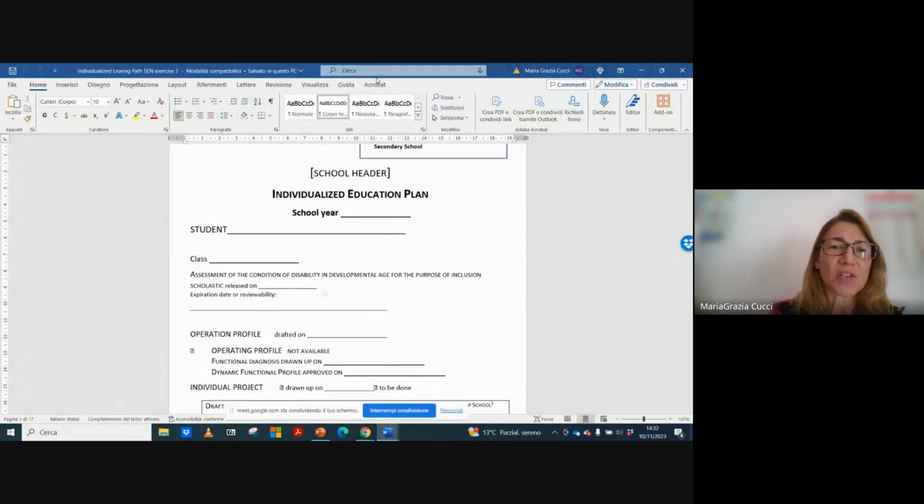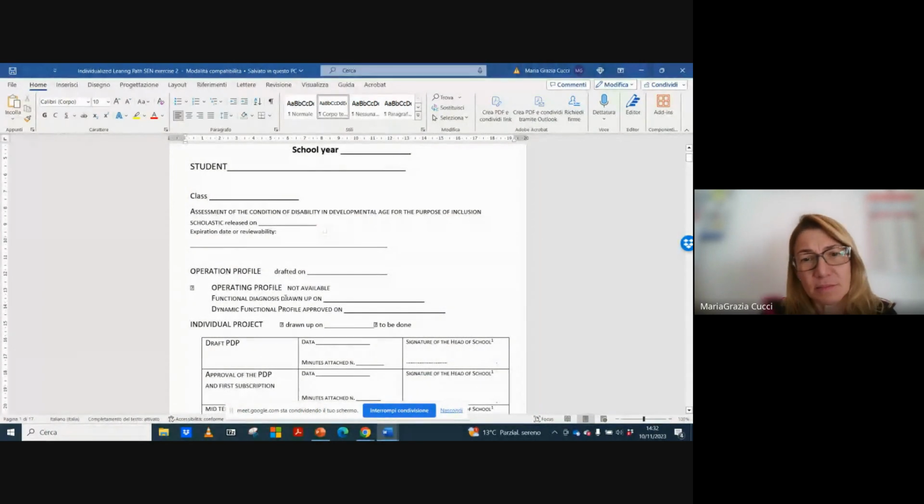We can have a student without any disability, but with a special educational need that can be defined by an operating profile, which is made by a medician, of course.